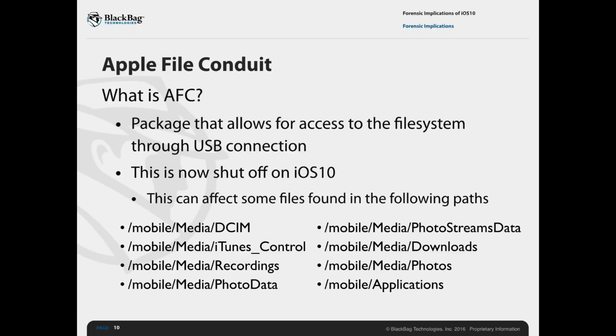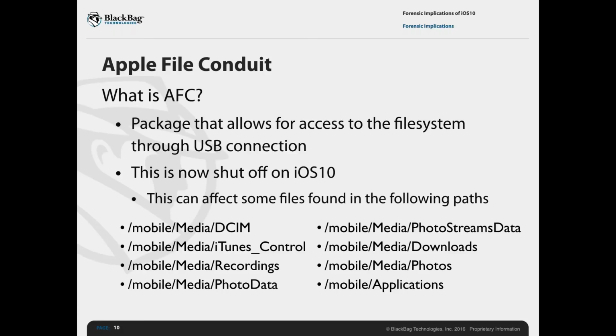There's lots of talk about jailbroken iOS devices. Jailbroken iOS devices can still have AFC turned on, and they use a slightly different package than what everybody else was using, something called AFC2, which is basically an enhanced version of AFC that allowed access to the file system through USB on a jailbroken phone.